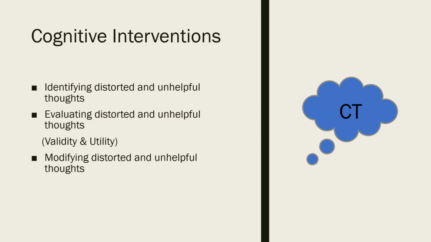Because of that, your strategies to modify clients' distorted and unhelpful thoughts would involve decatastrophization, so that clients can reduce the perception of the level of threat, and also problem solving, so that clients can increase the perception of their capability to handle situations when the feared situation actually happens.